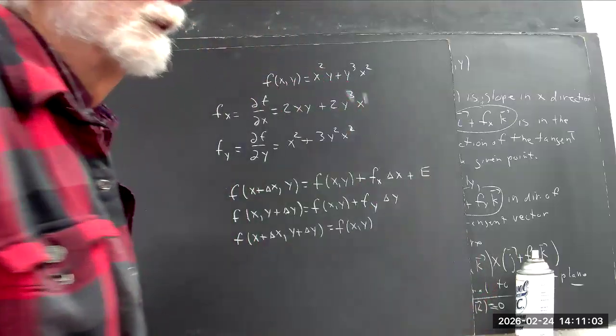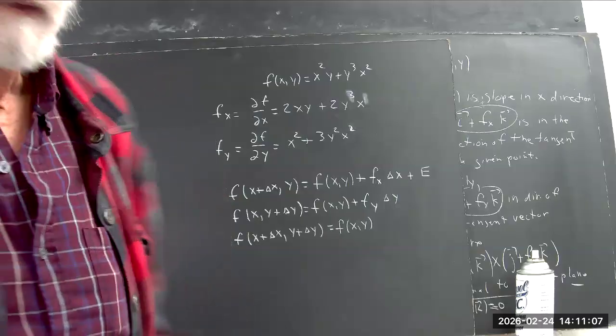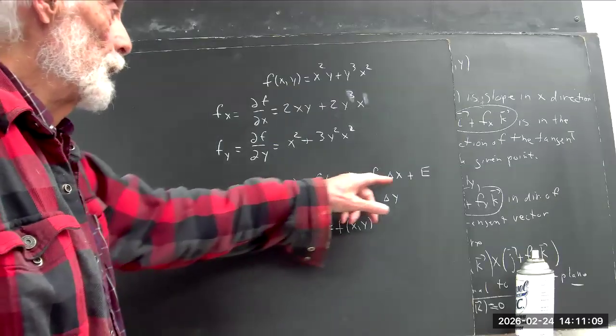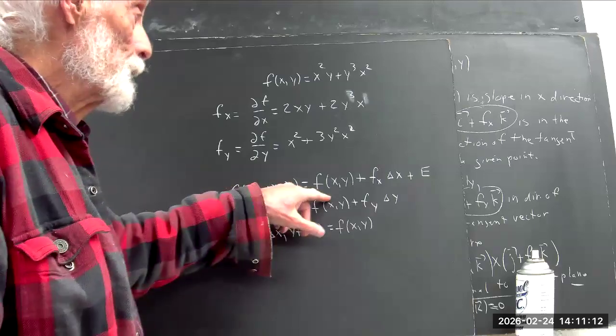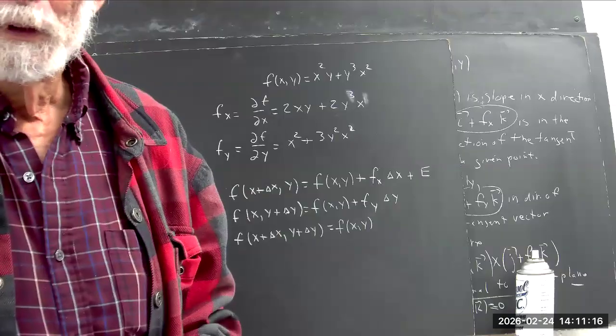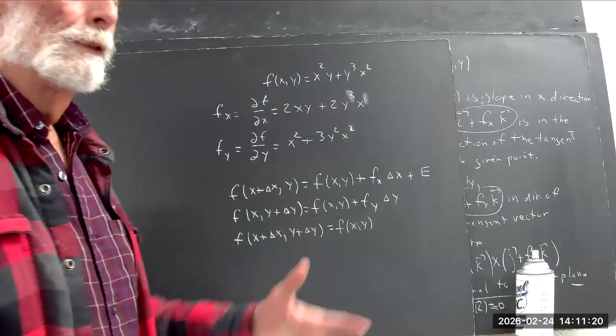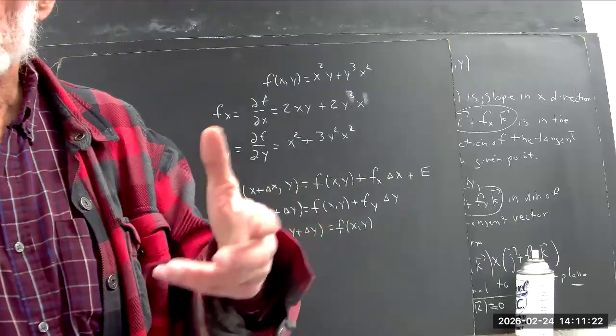I'm going to use a capital E for an error term, okay? Because this assumes the function is linear between x, y and x plus delta x, y, and it's not linear. The function's not linear in any direction.